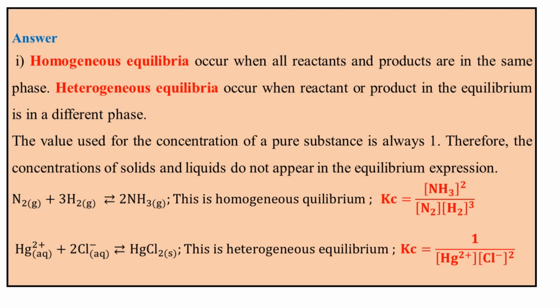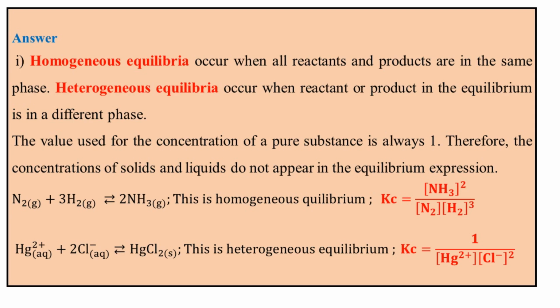we give the value of 1 in the equilibrium expression. That means in the equilibrium expression, we should take the mercury solid, which is the product, divided by the reactants, the concentration of mercury 2 plus times the concentration of chloride aqueous, raised to the power of the stoichiometric coefficient, which is 2.